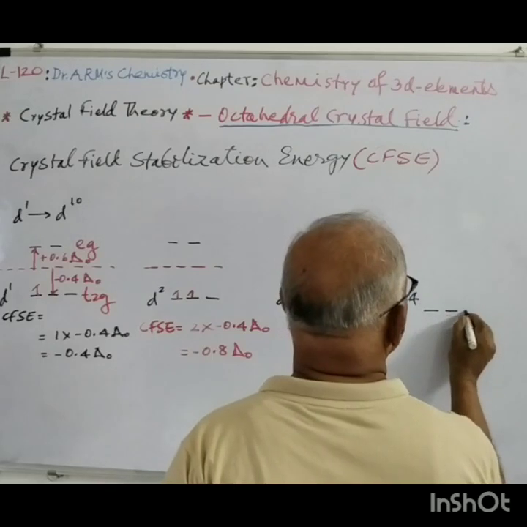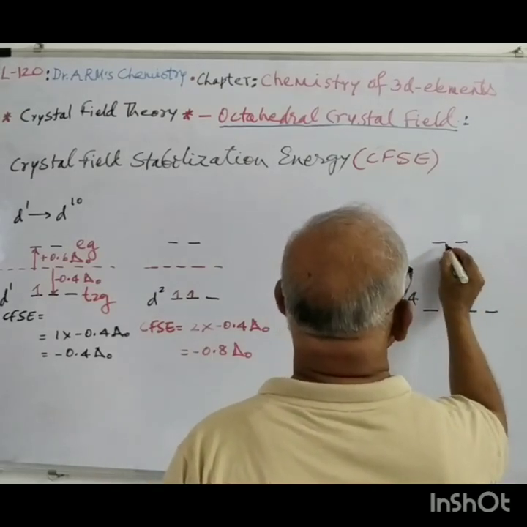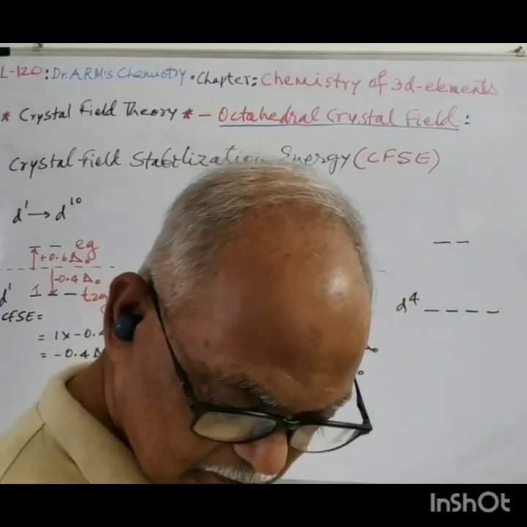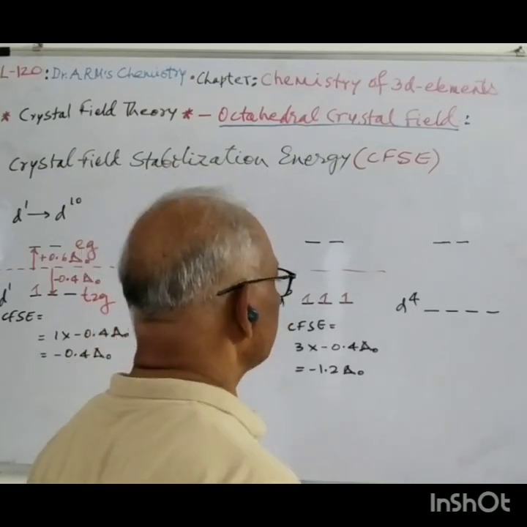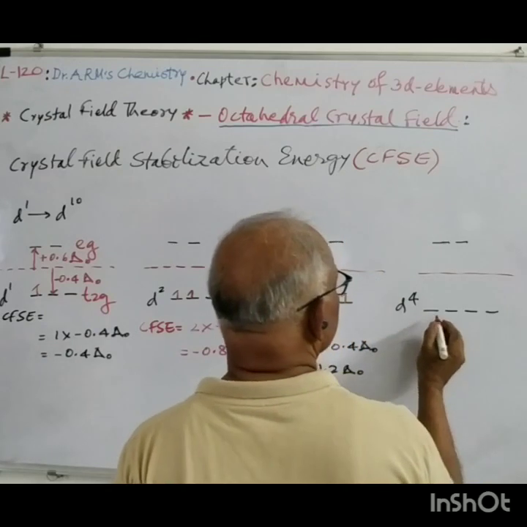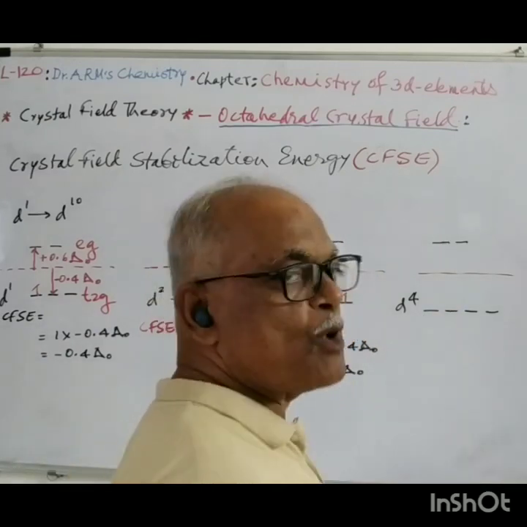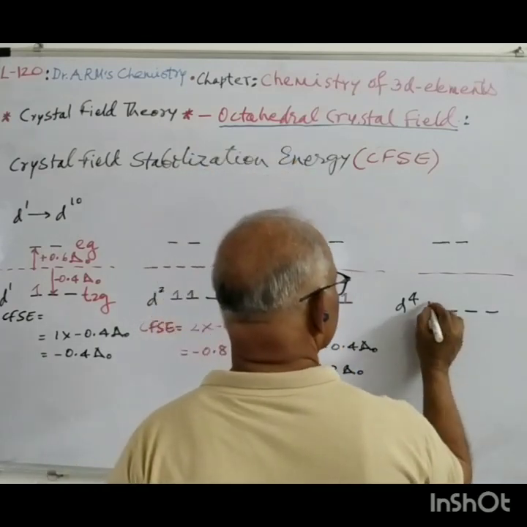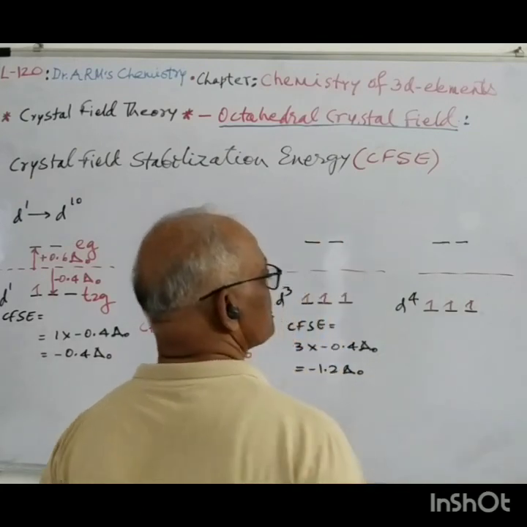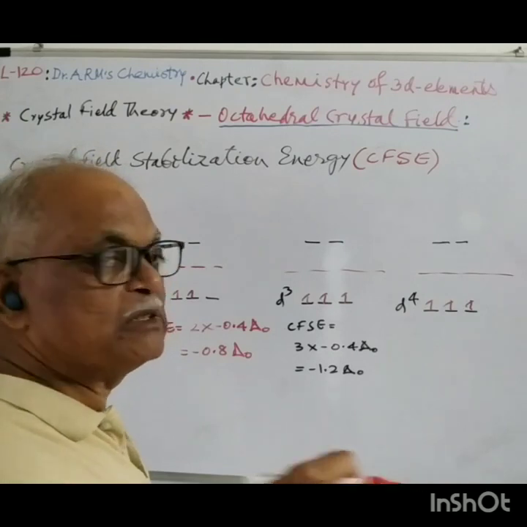So these are t2g orbitals, and these are eg orbitals, and there is the barycenter. Here there are two options, because you know that when we distribute these 3 electrons singly in these orbitals, there is one more electron.